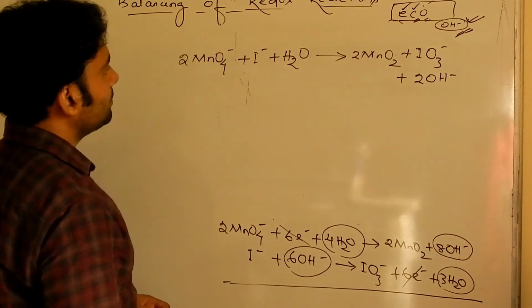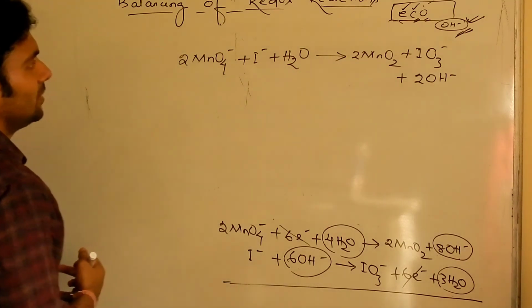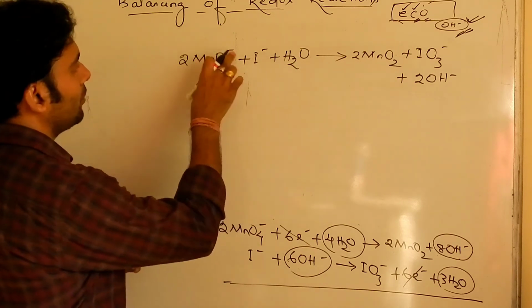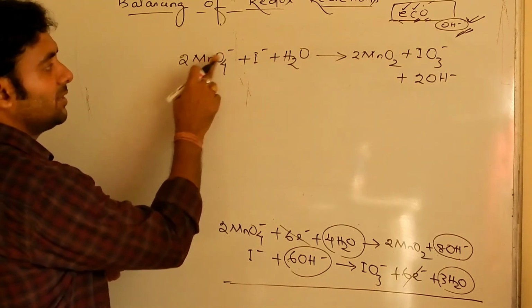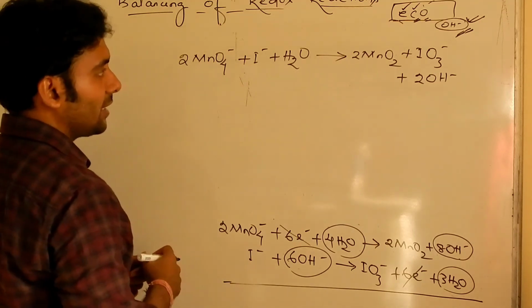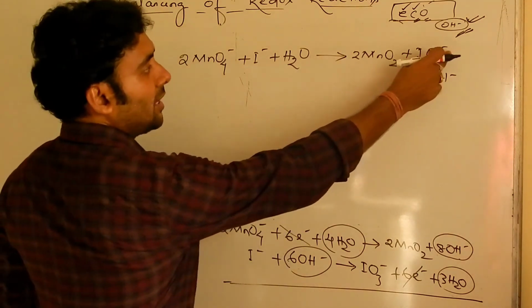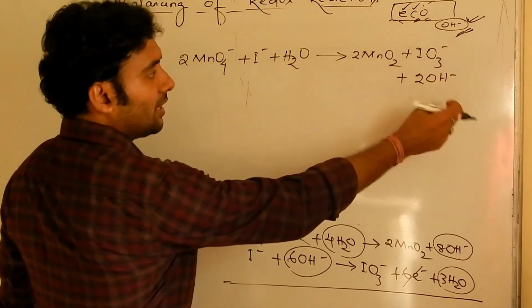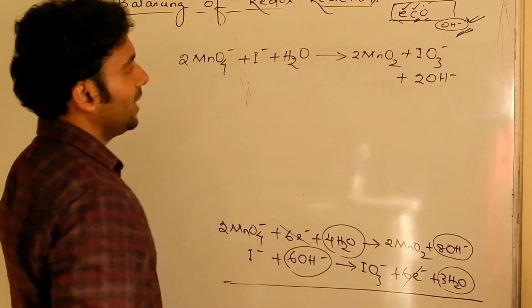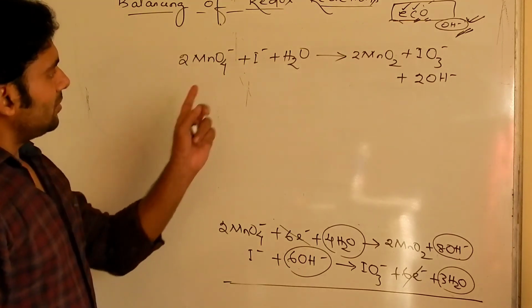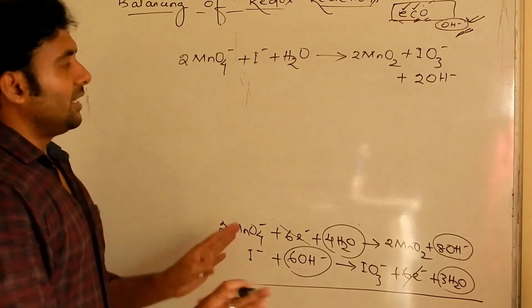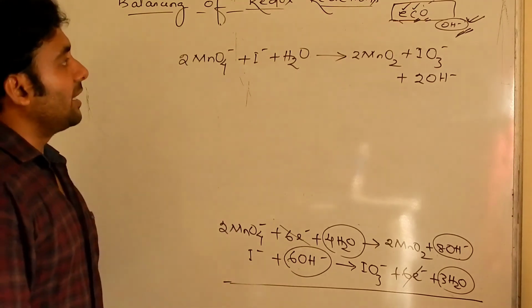What about the charge? 2 permanganate means 2 negative charges, 1 iodide, so that is 3 negative charges on the reactant side. In the product there is 1 iodate, so it is minus 1, and 2 hydroxide means 2 negative, so the total is 3 negative. And hydrogen is 2 in the reactant and 2 in the product. So in every respect this equation is balanced.